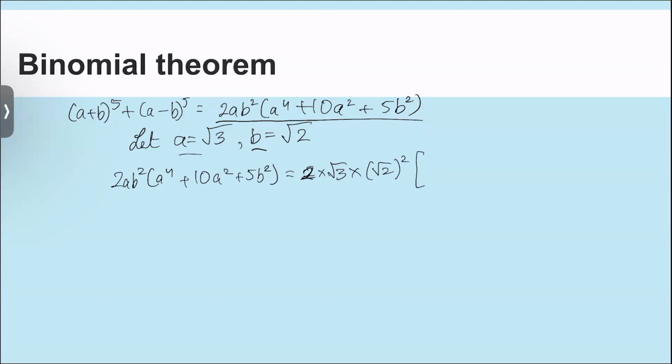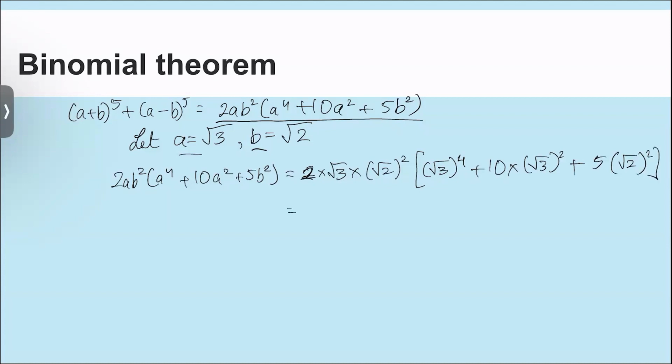And now in the bracket you have a raised to 4, so that is root 3 raised to 4, plus 10 into a squared, so root 3 squared, and then plus 5b squared, so root 2 squared.